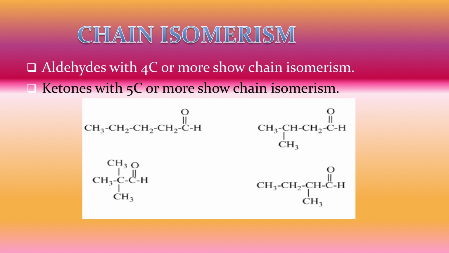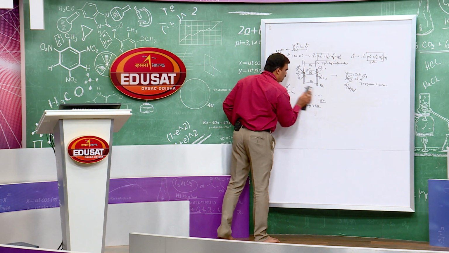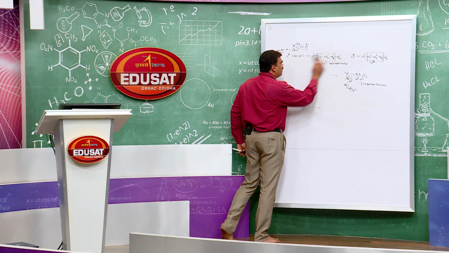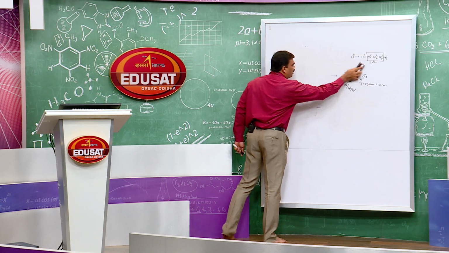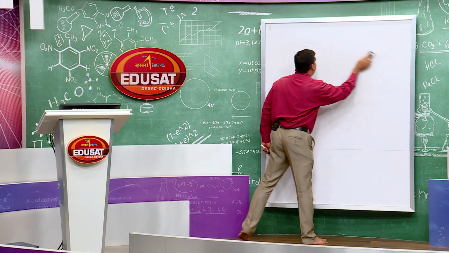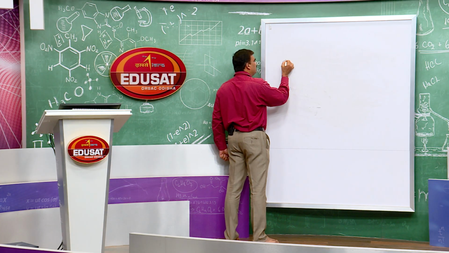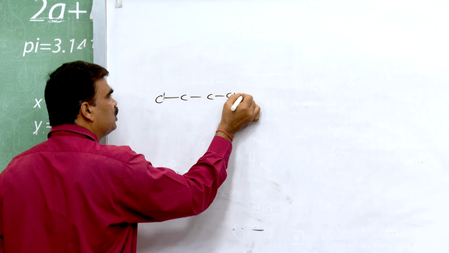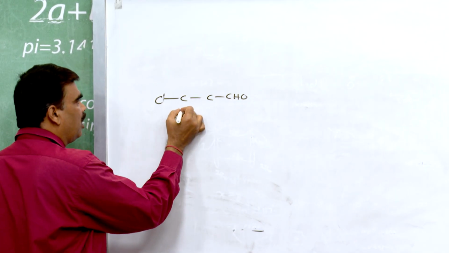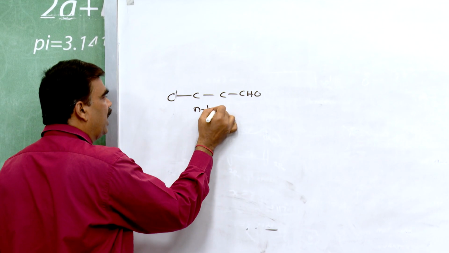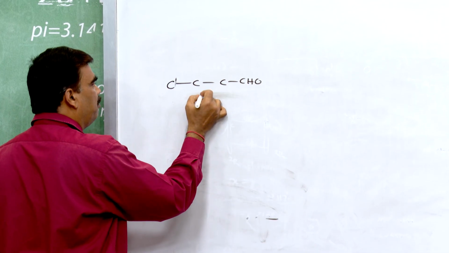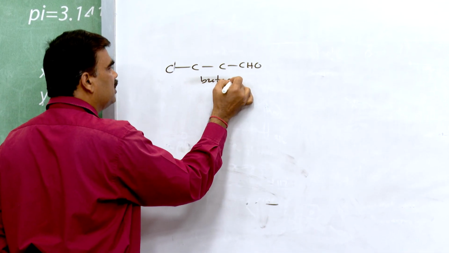Like, let us have a look. So, aldehydes containing at least 4 carbon atoms show chain isomerism like this. You have C, C, C, and this is your CHO. So, this is called n-butyl, or we can call it butanal, right.